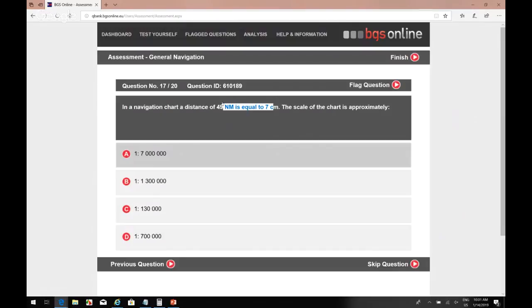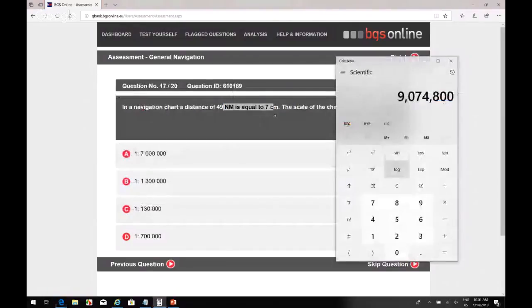Which is not there. Let's do that again. 49 nautical miles times 1852 times 100, 9 million. Okay, and divide by 7. 1,290,000. So 1,300,000. That's here.